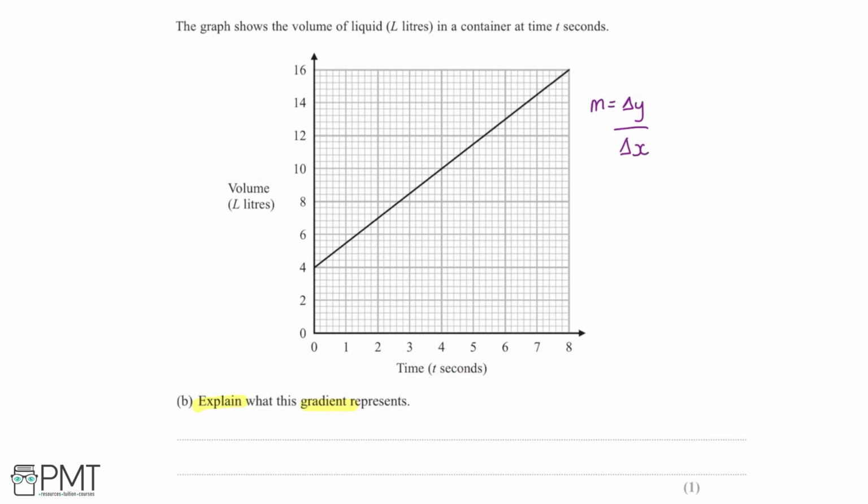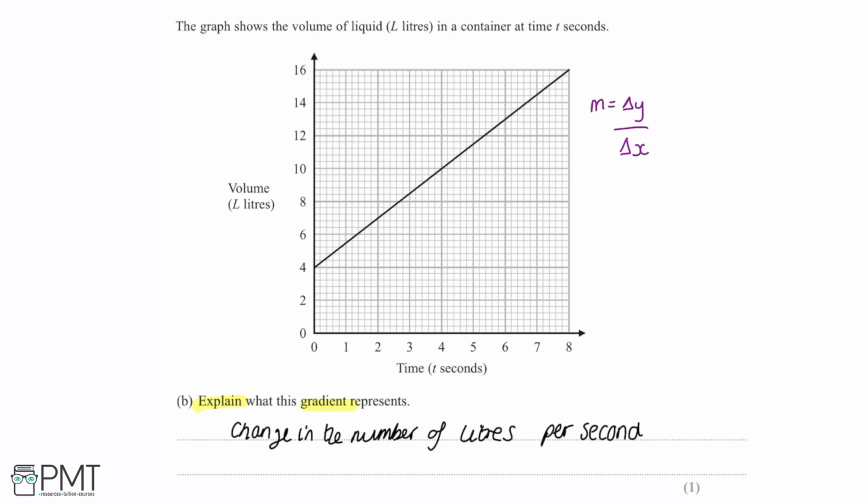Now one quite efficient way of writing this out is to take the change in the number of litres, so the change in y, and divide that by the number of seconds that passes, or I could write this as per second, because that's still going to represent the gradient. So for every second that passes, how does the number of litres in the tank change? And that gets us an expression for the gradient in terms of words with the context of the question.